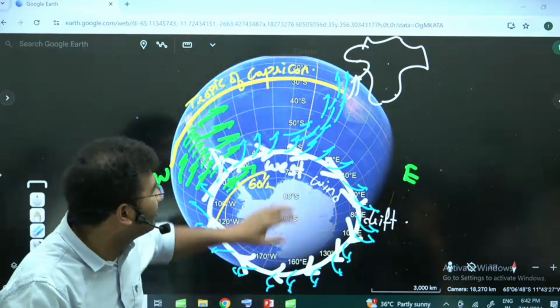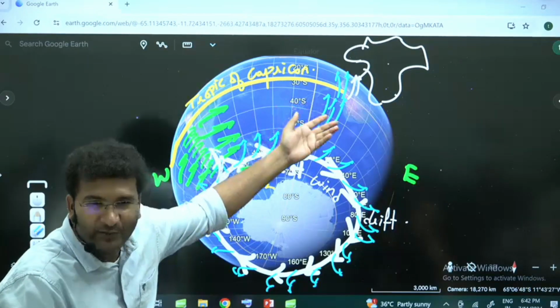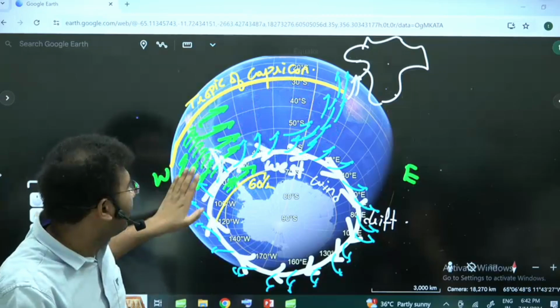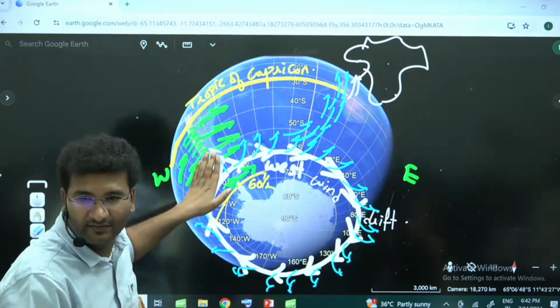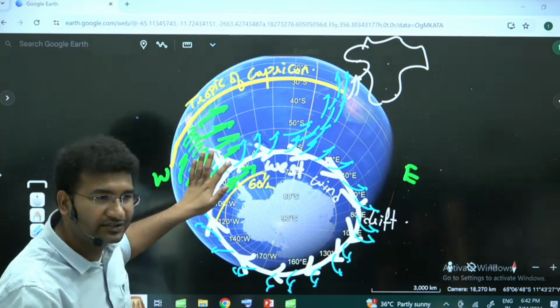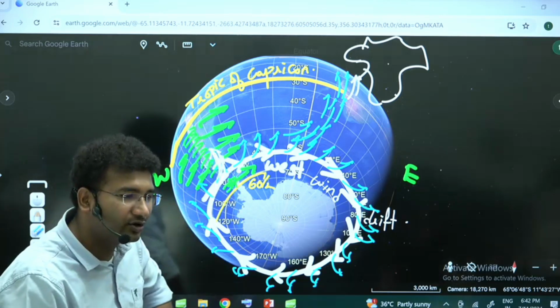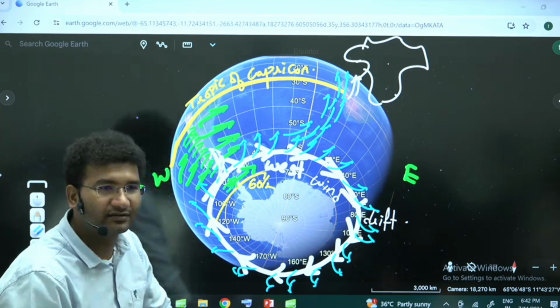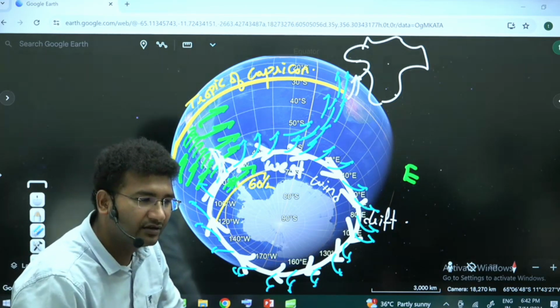Why is it cold? Because the water is moving from west wind drift का extension ही Benguela current है. Right? Likewise, Falkland देखो. Look into the Falkland current. This Falkland current is also an extension of the west wind drift. Next, go to East Australian current or West Australian current.